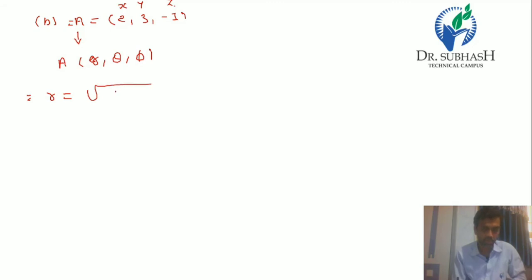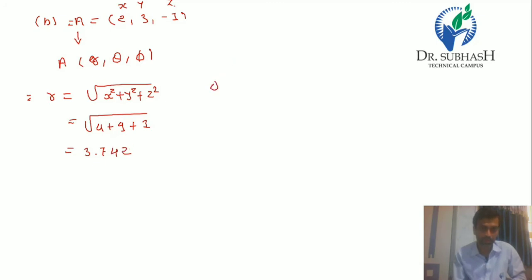Here we have given the point A, which is 2, 3 and minus 1, x, y and z. So first of all transform this point into r, theta and phi. For the r, we know that it is the under root x square plus y square plus z square. So we can say under root 4 plus 9 plus 1, so we get 3.742.